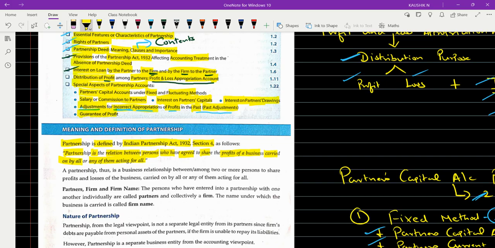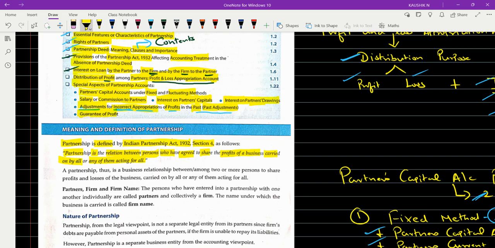It says that partnership is a relationship between the persons who have agreed to share profits of a business carried on by all or any of them acting for all. Any discrepancies or any issues that you find in understanding this concept of partnership, the definition of partnership?